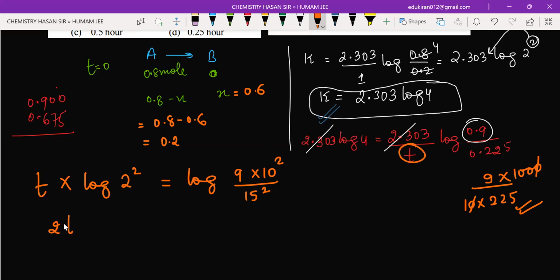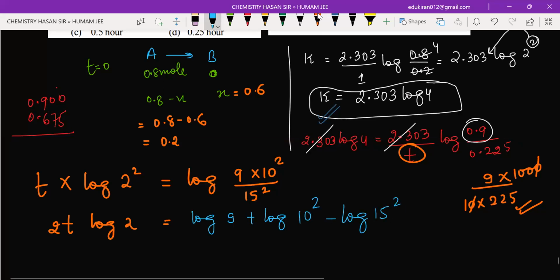So it will become 2t log 2. And here I'm going to apply the formula of log: log 9 plus log 10 raised to the power 2 minus log 15 raised to the power 2. Can I do this? Yes.